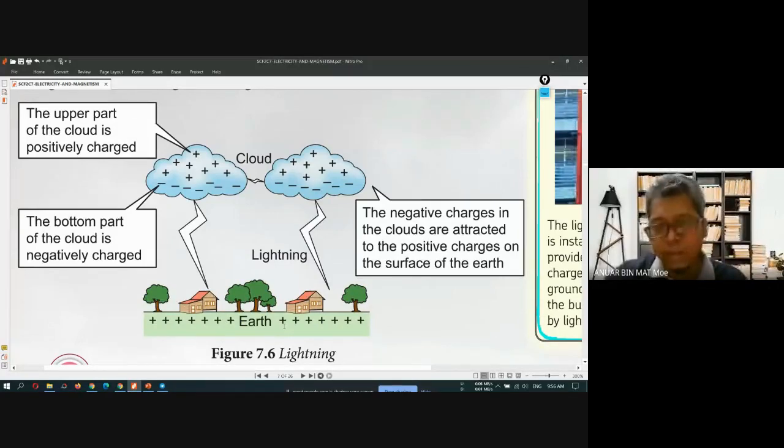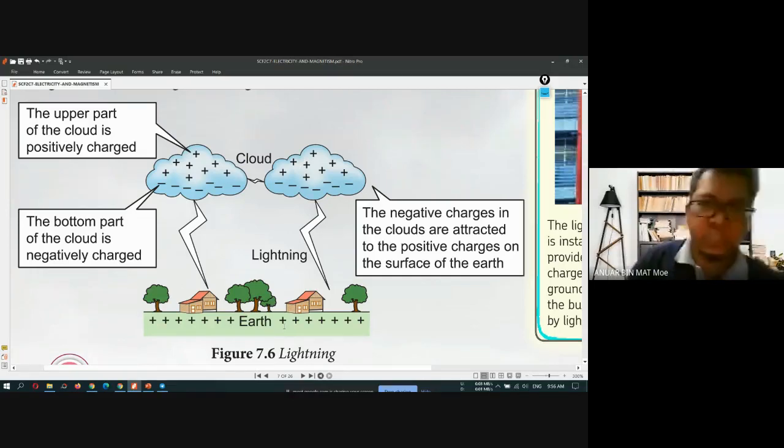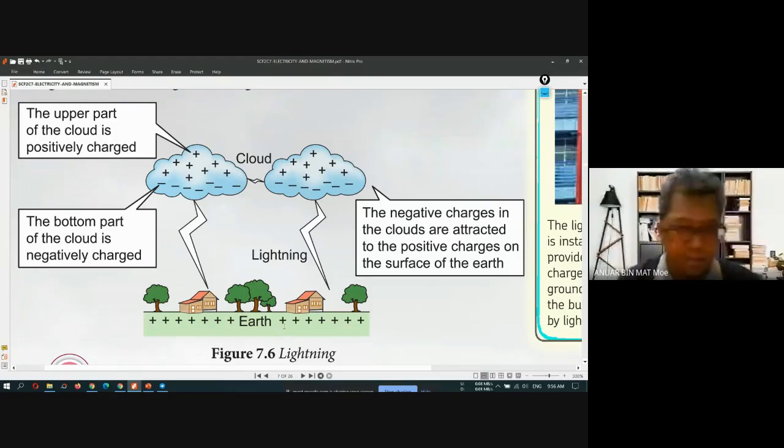What is the way we transfer charges? Maybe there is friction, right? The friction between the clouds, the friction from the wind. Wind and objects can also cause friction. And when there is friction, the charges will transfer.